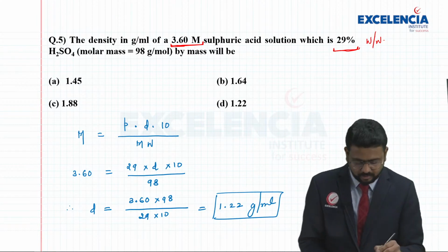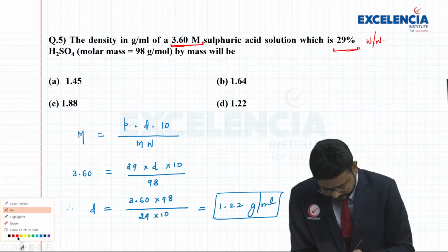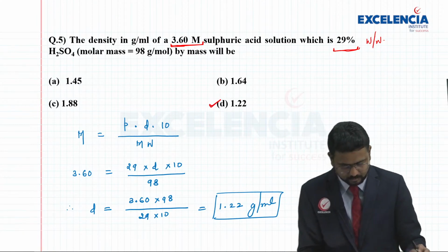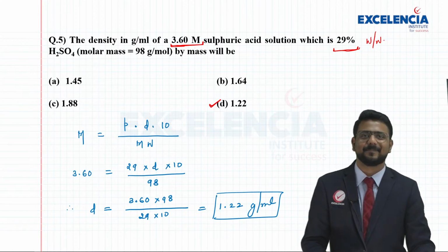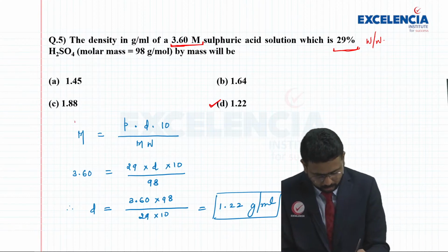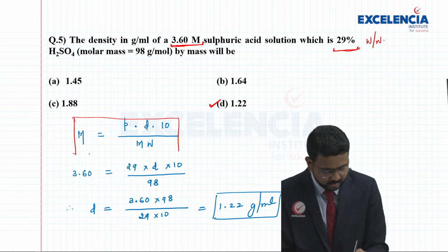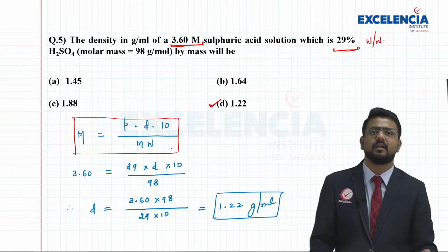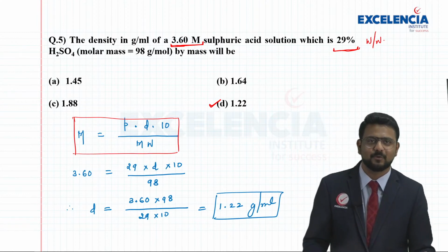Okay, so definitely here your answer is D, right? I hope you get the clear understanding. Please remember this particular relation, which is between the molarity and the percent weight by weight and density of the solution.